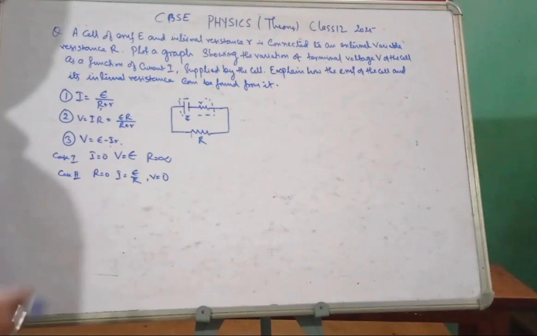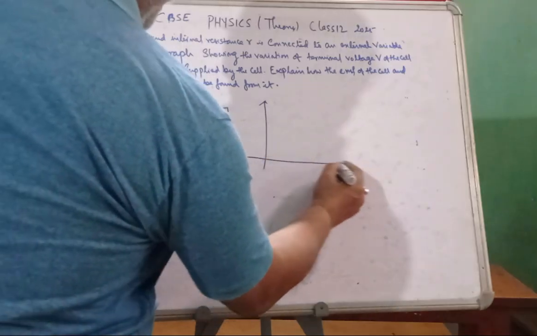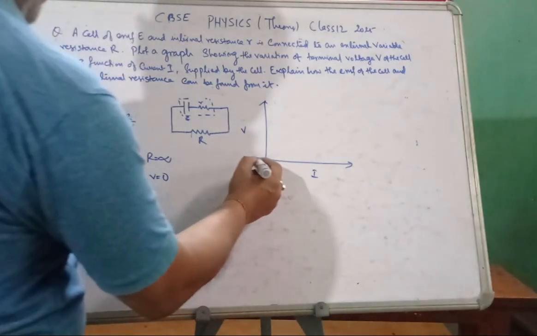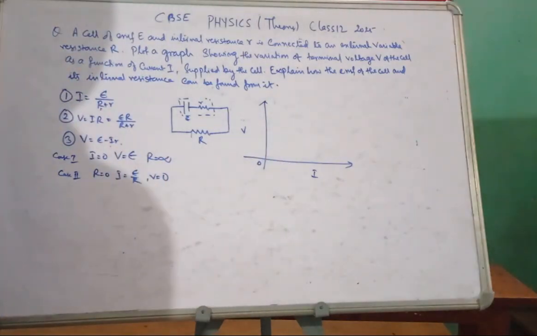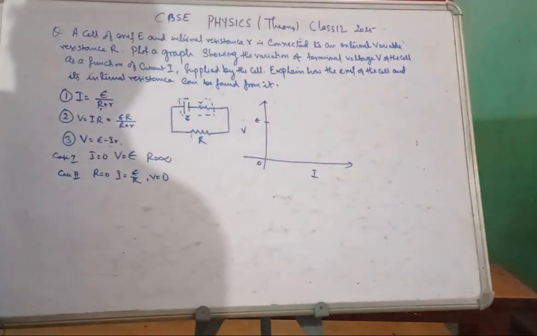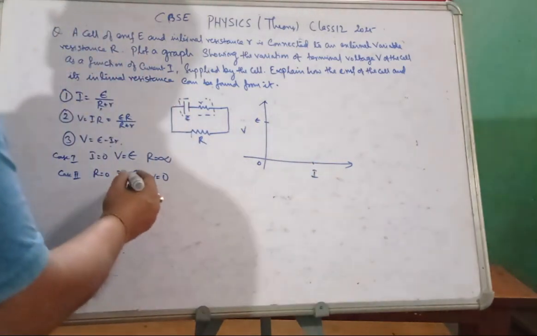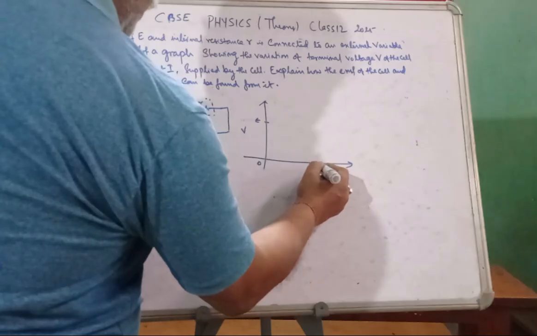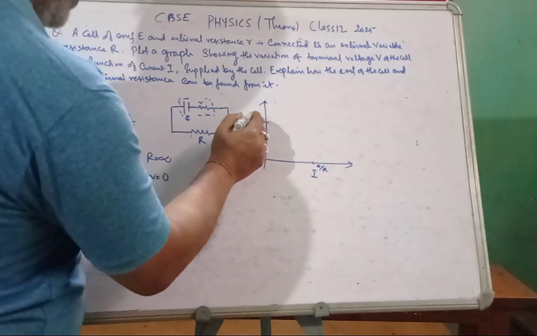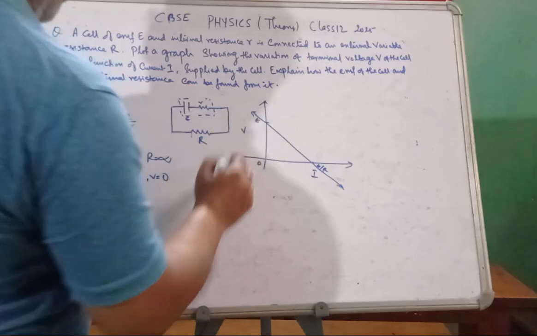From here you plot the graph. This is I and this is V. When I is 0, V is epsilon. And when I is epsilon by r, V is 0. Now you join this.